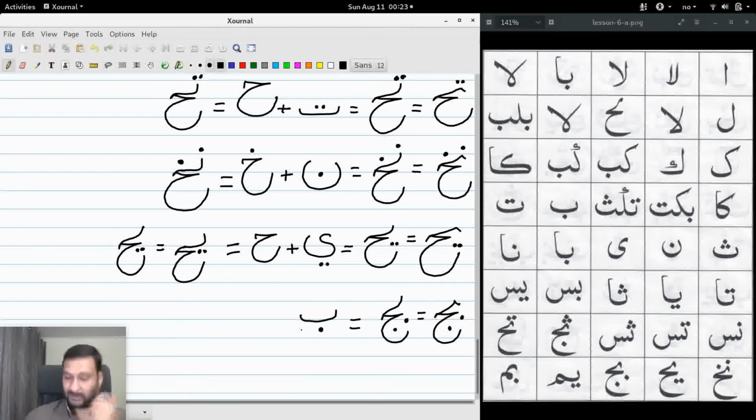So this word is made up of ba and jim, which is ba takes this form, and then you make it a little down. So ba and jim, and I can rewrite it like so fluently.